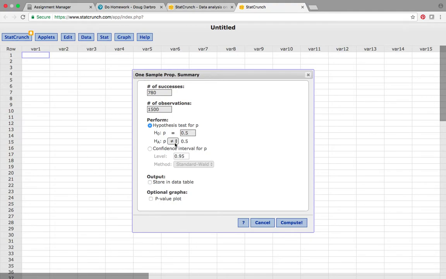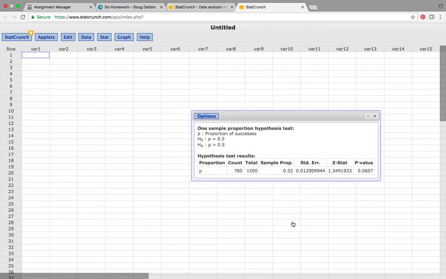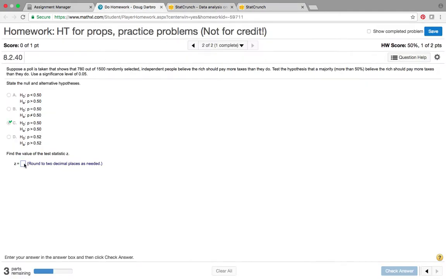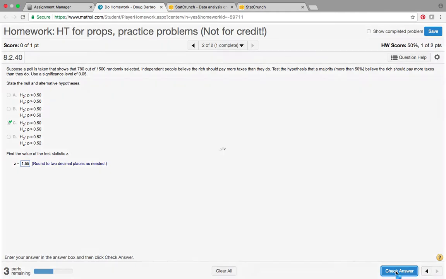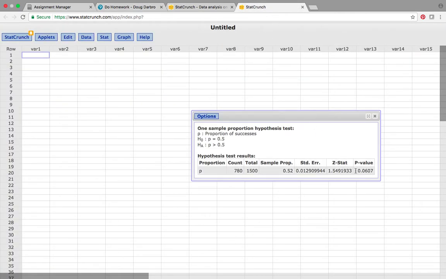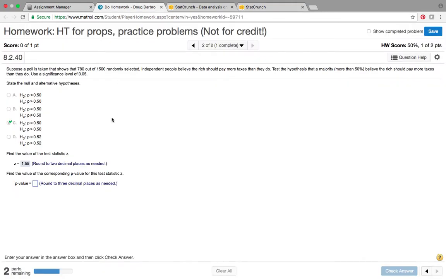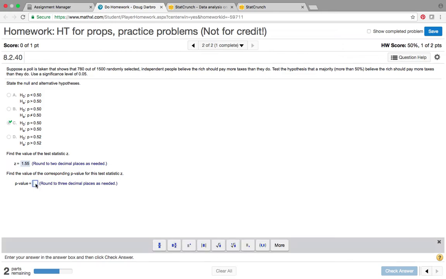P is 0.5, and we want to test majority, so greater than 0.5. All right, so the z-stat is 1.55, rounded to 2 places. And the p-value is 0.061, rounded to 3 places.